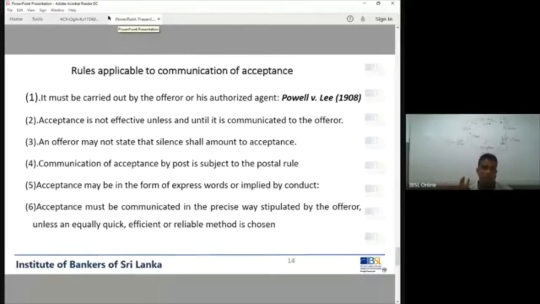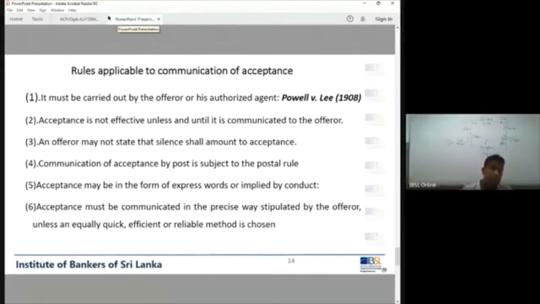Right? That's number one. Number two, the acceptance is not effective unless and until it is communicated to the offeror. Again, the acceptance is not effective unless and until it is communicated to the offeror. So the offeree has to communicate the acceptance to the offeror.